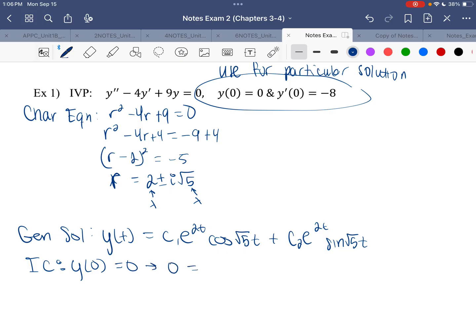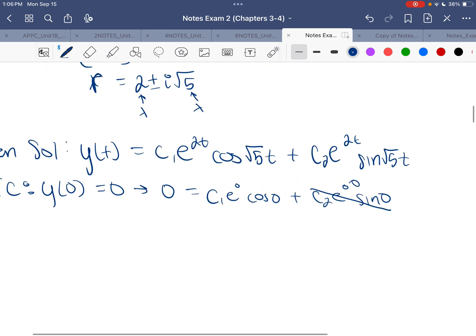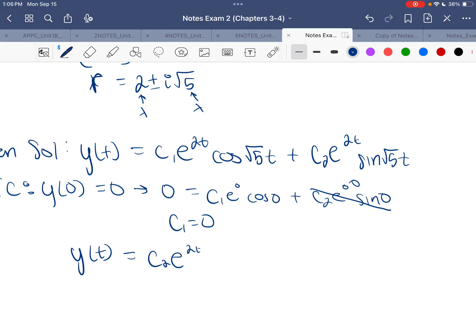So 0 equals c1 e to the 0 cosine 0 plus c2 e to the 0 sine of 0. Sine of 0 is 0. So we get c1 is equal to 0. So already we have y equals c2 e to the 2t sine square root of 5t.